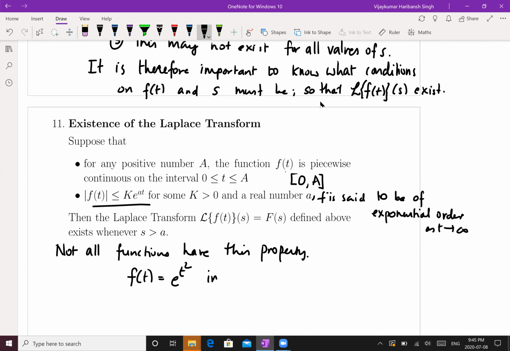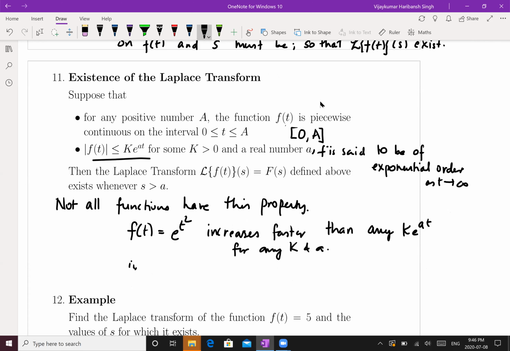It increases faster than any k e to the power at, for any k and a. That is, f of t is not of exponential order.